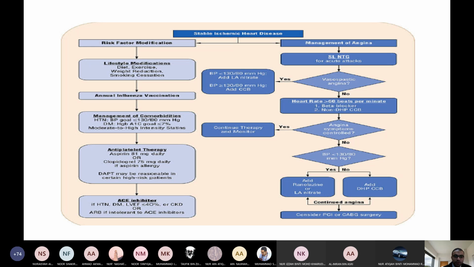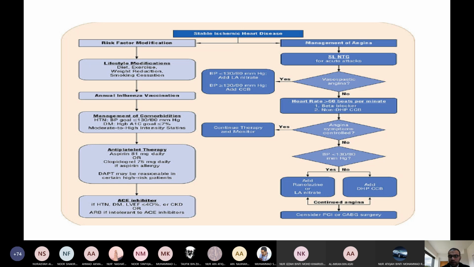Here the stable ischemic heart disease. Same, but with a larger scope for risk factor modification all together, including lifestyle modification, the annual vaccination, the management of comorbidities, and the other medication.